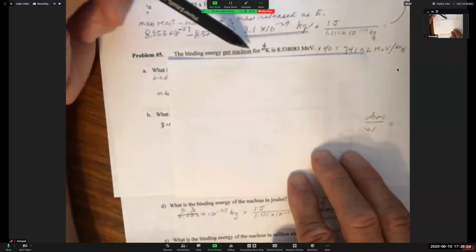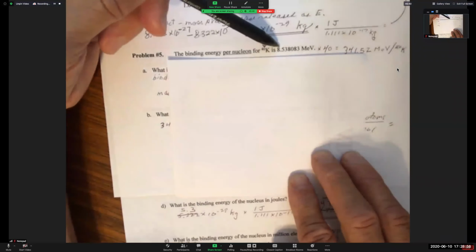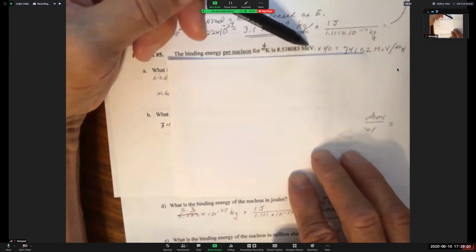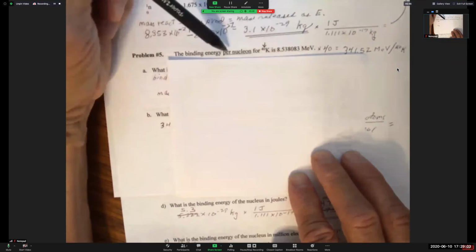So there's 8.538 million electron volts per nucleon, but there's 40 nucleons. That's what potassium-40 means. It means the sum total of the neutrons plus the protons is 40.